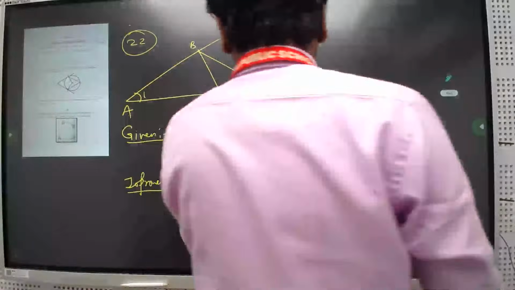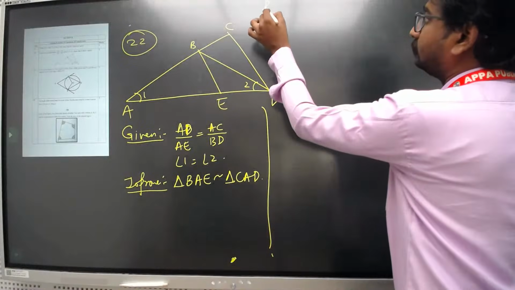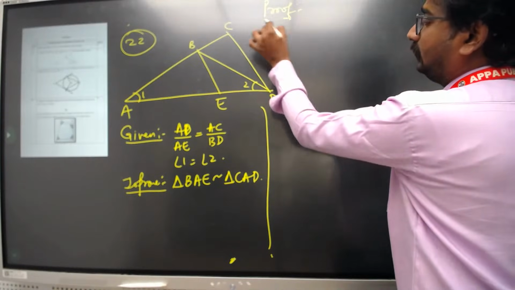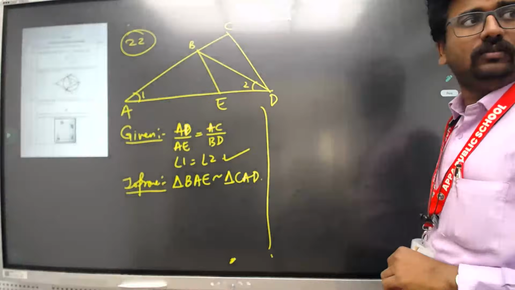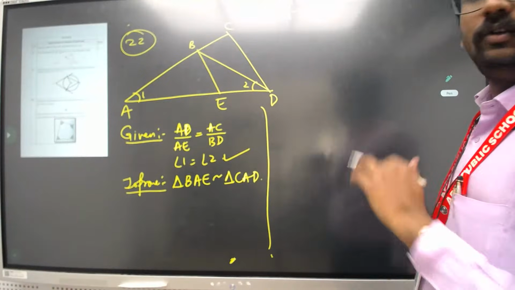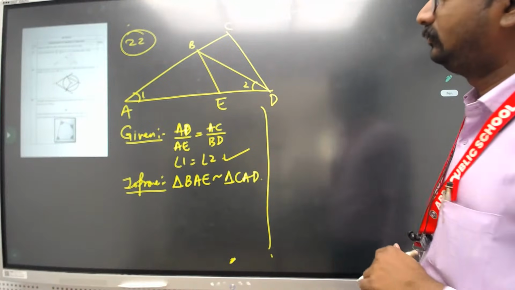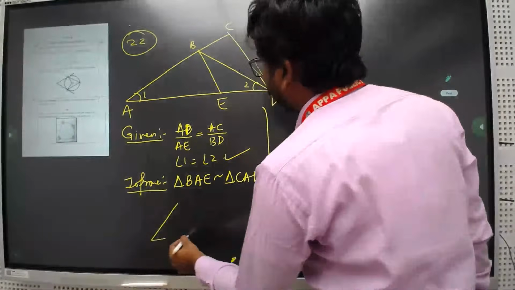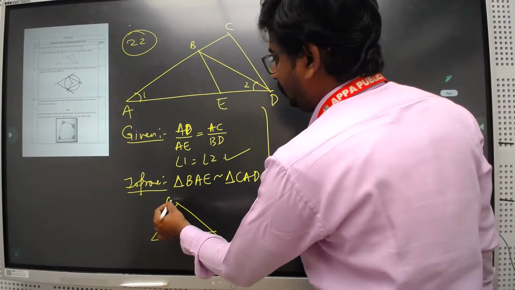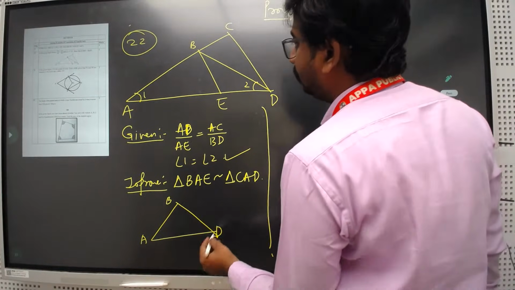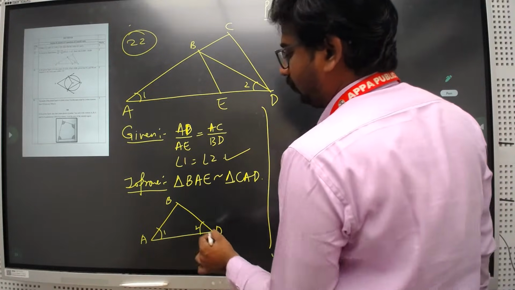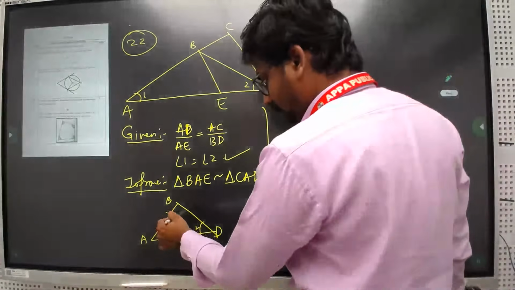Look carefully. They said angle 1 is equal to angle 2. Where do this 1 and 2 come? In triangle BAD, angle 1 and angle 2 are equal. Then I will say it is isosceles triangle.